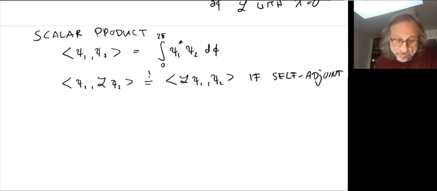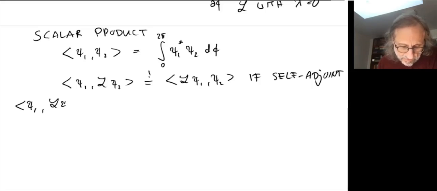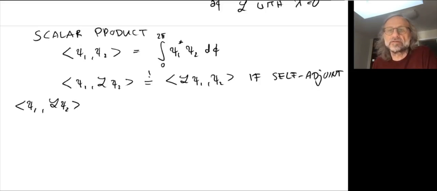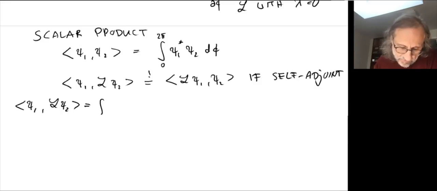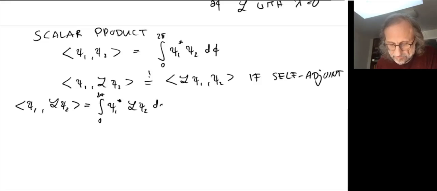Okay, so we need to calculate both sides and see whether they're the same. Okay, off we go. We have psi1 times L psi2. And this would have to be true for arbitrary psi, right? It's just a general scalar product. So that will be the integral from 0 to 2 pi, I'm not going to write the limits further, of psi1 star times L acting on psi2 d phi.